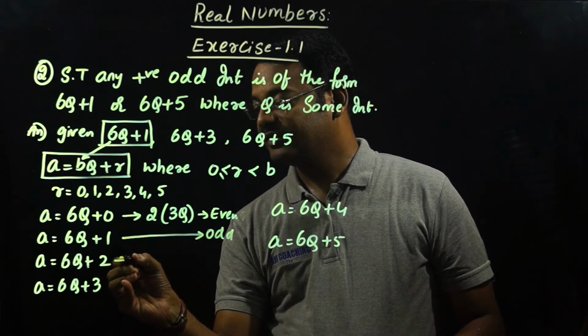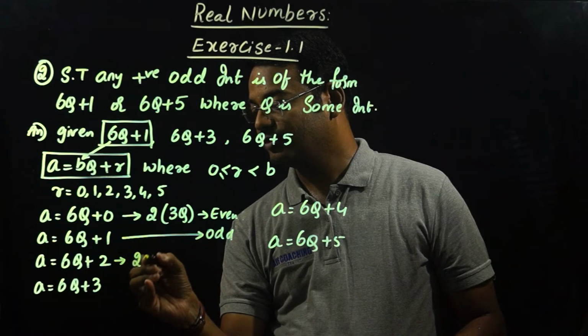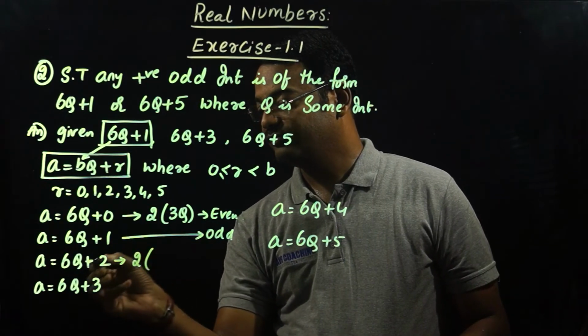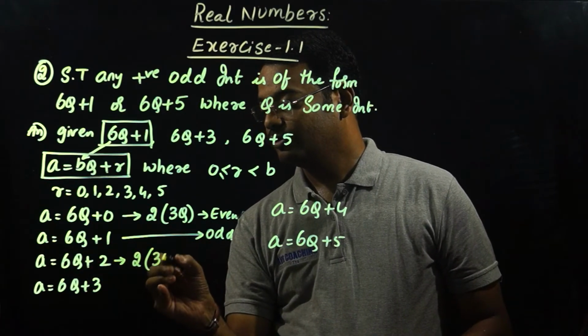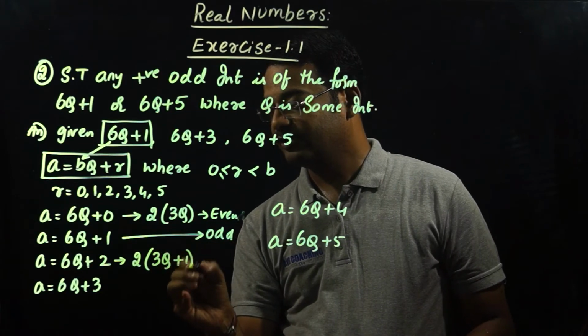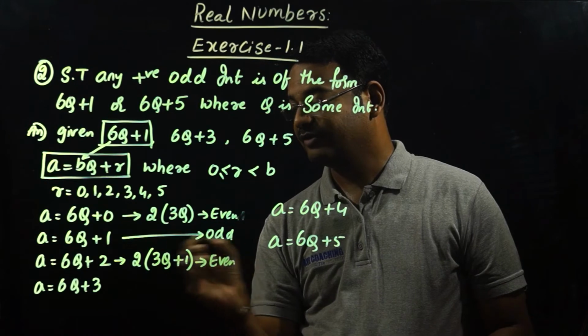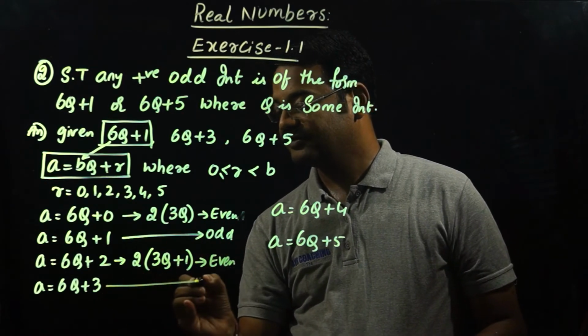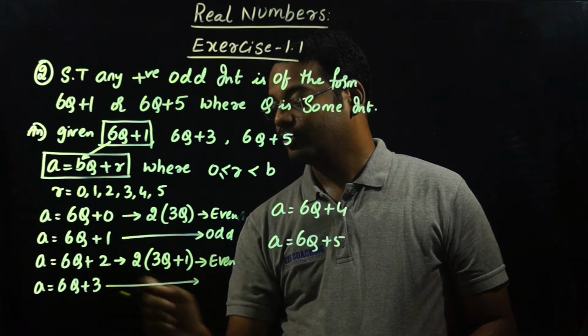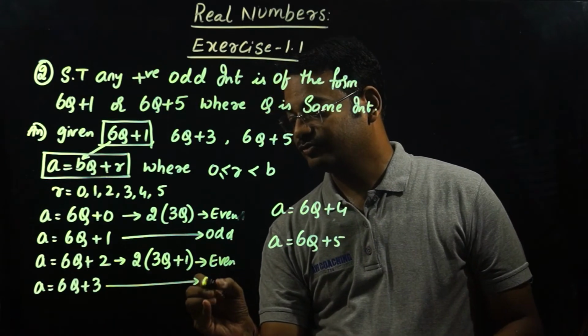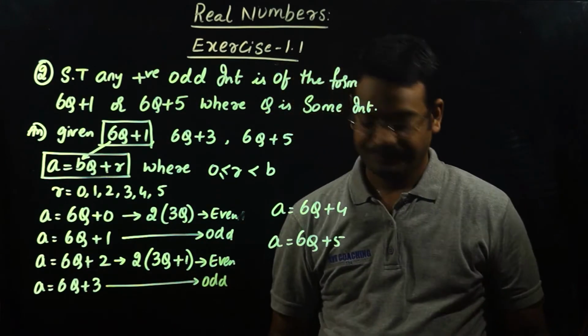Now again 6q plus 2 can be written as a multiple of 2: 2 into, if we take common, 3q plus 1. Since this is a multiple of 2, it is an even number. Again 6q plus 3, 2 cannot be taken as a common factor, so this is odd.